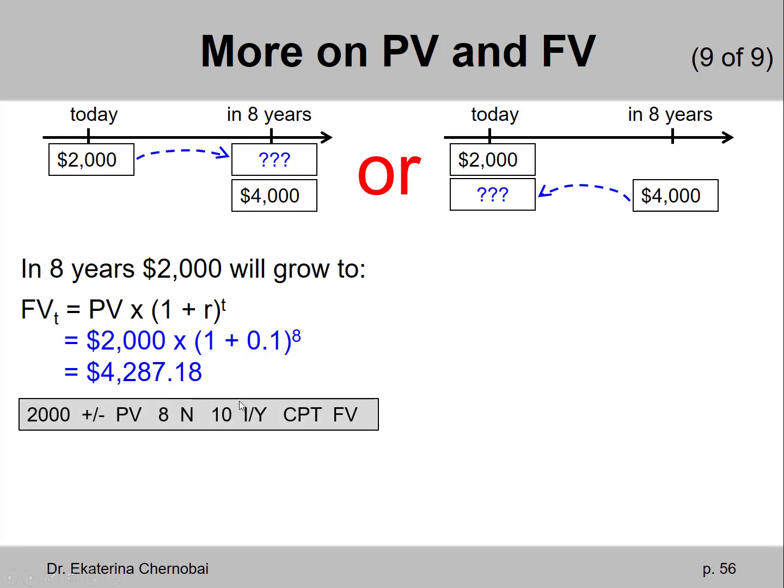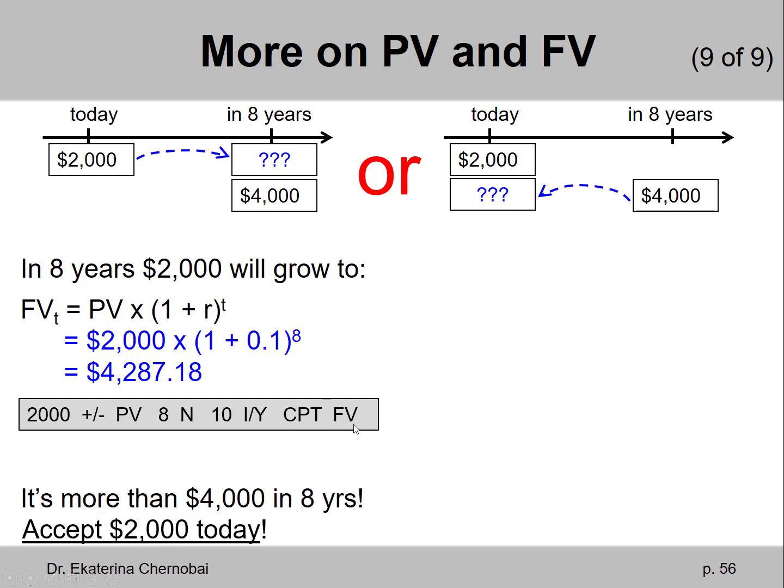And of course, you can always use the financial calculator, where you put $2,000 negative for PV, 8 is your N, 10 is your IY, compute FV. Because accepting $2,000 today will result in having more than $4,000 after 8 years, this is the option you should go with. Option number 1.